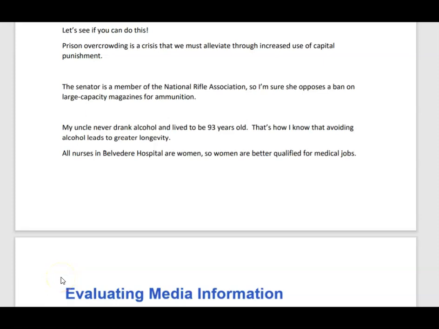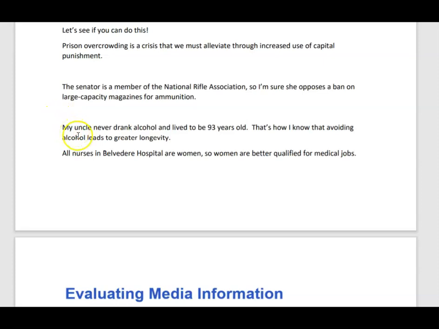Okay, let's see if you can do this. I've got a few examples here. Prison overcrowding is a crisis that we must alleviate through increased use of capital punishment. So which fallacy is that? The senator is a member of the National Rifle Association, so I'm sure she opposes a ban on large capacity magazines for ammunition.